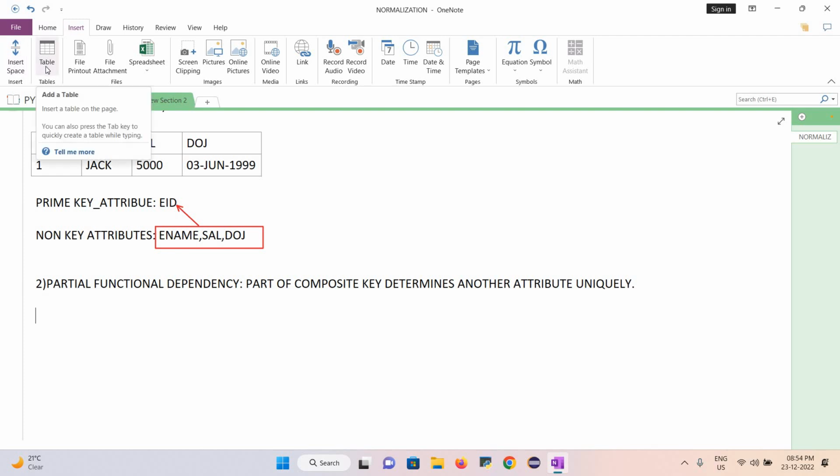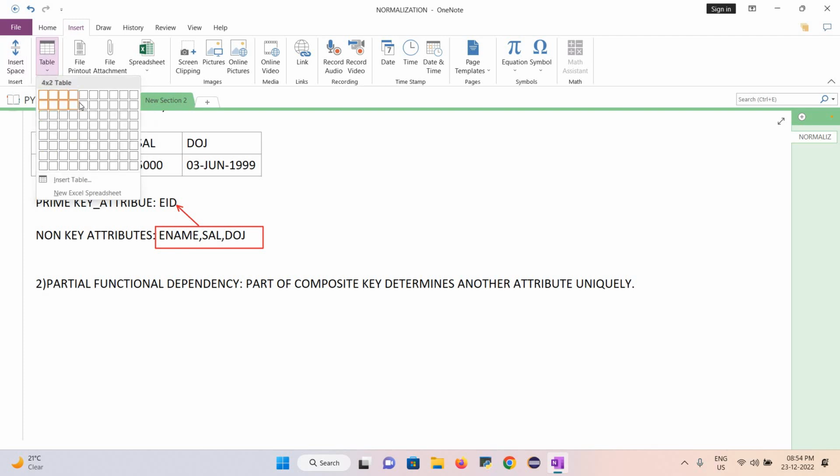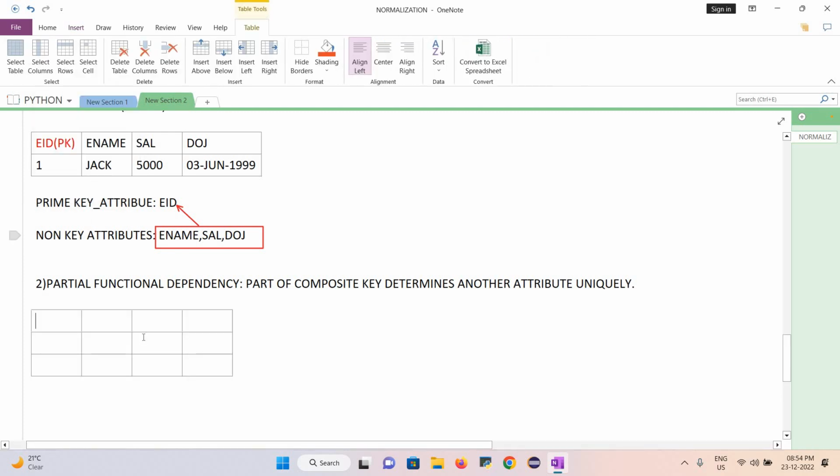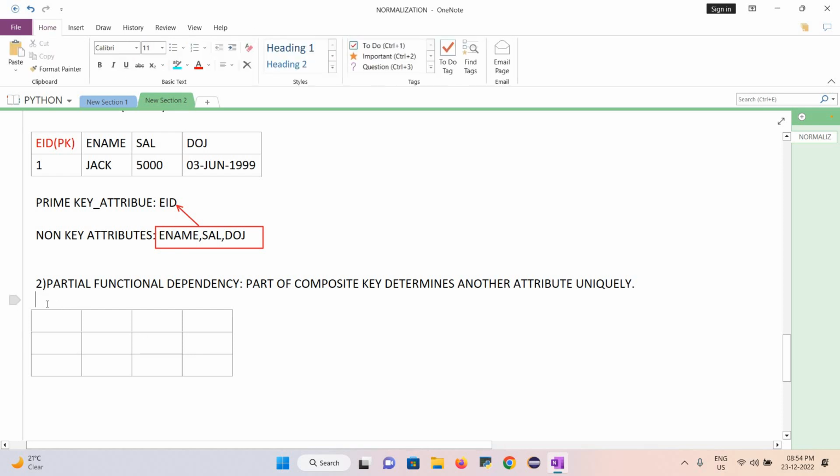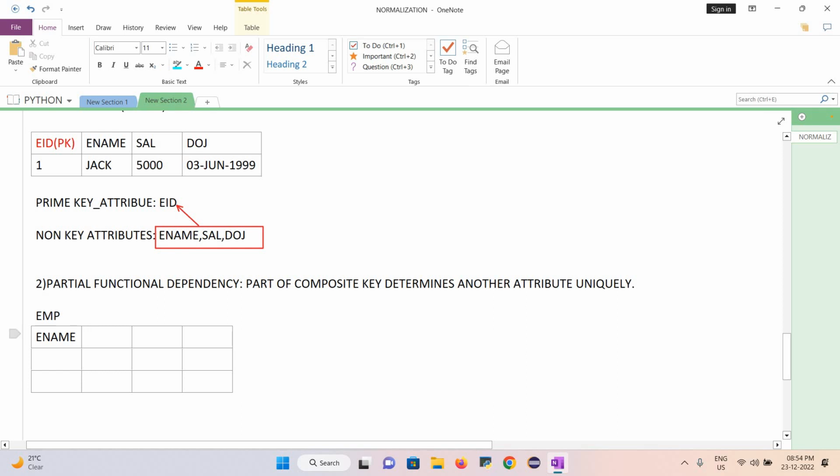Just take it as my table. In this table, I am going to select my columns. My entity is employee. In this employee, I would write employee name, salary of the employee, and employee has a phone number and a mail address.